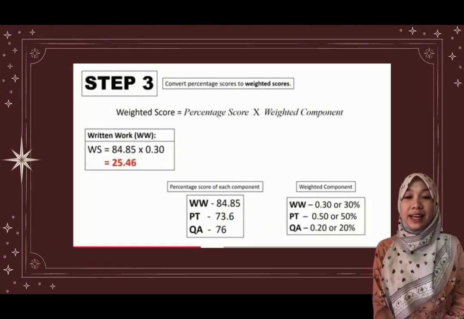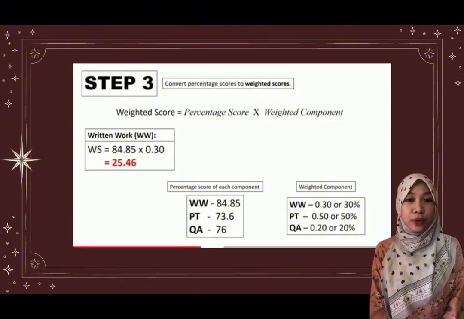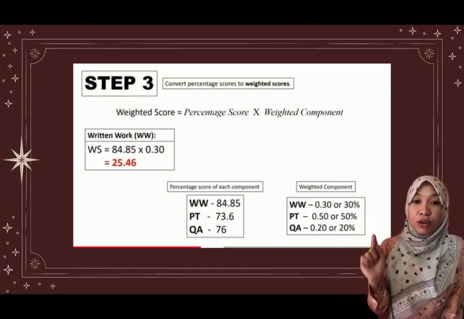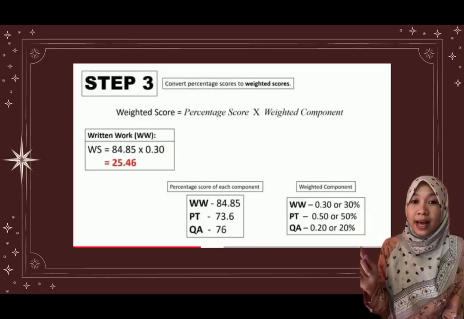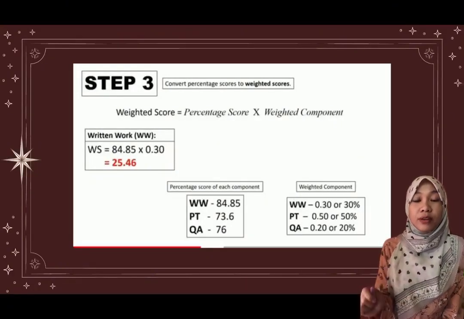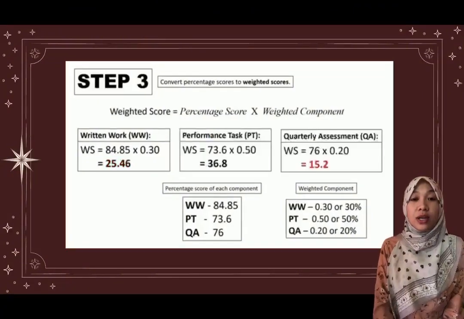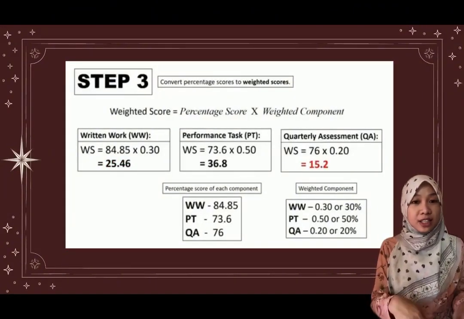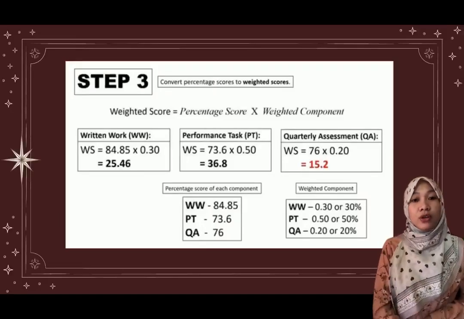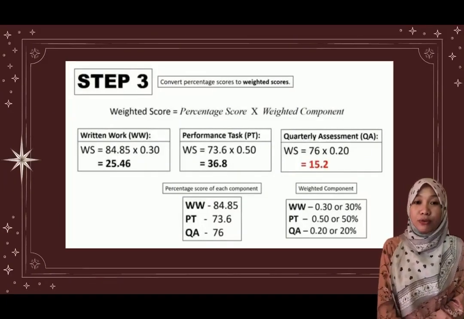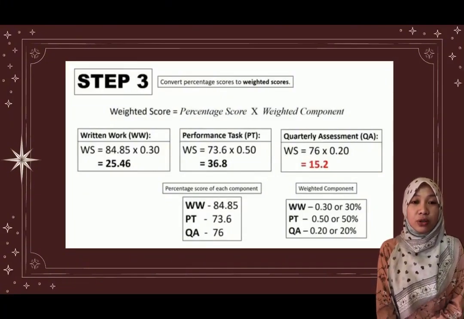Let's start with written work. The weighted score is equal to 84.85 times 30%. So we got 25.46%. So that is the process you will follow until the quarterly assessment and so on. Basically, that's the process on how we convert percentage score into the weighted score.